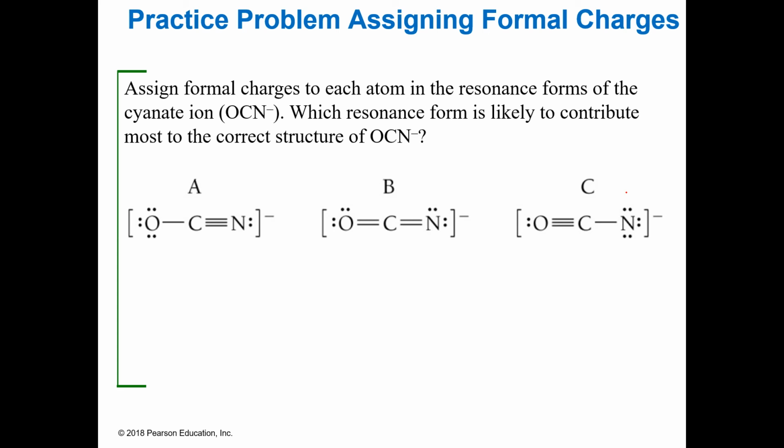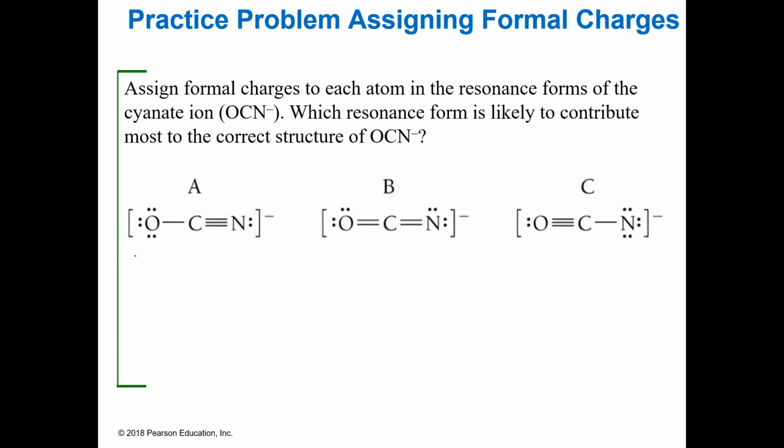But it doesn't always mean it's going to be 50-50 if I have 2 of them, or in this case, if I have 3 of them, 33% each. One of them may contribute more than the other, and the way we figure that out is by the formal charge. So let's look at formal charge here.